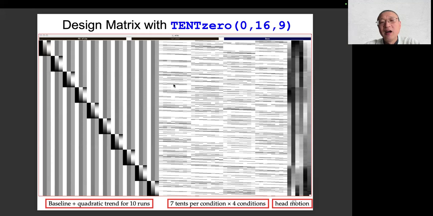That's why you see these slanted patterns, because each basis function, each tent, shifts by 1 TR. So there's a downward slope for each chunk. There are 4 big groups because of 4 separate conditions, and each condition has 9 regressors. Each one corresponds to a time point of the estimated hemodynamic response profile.